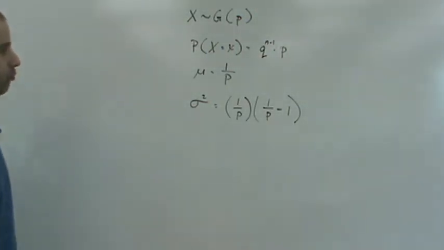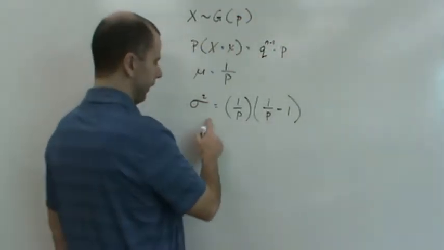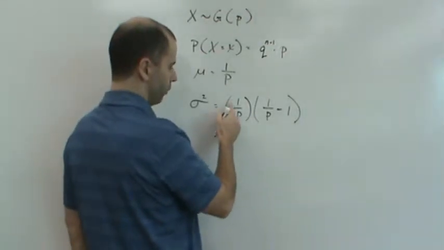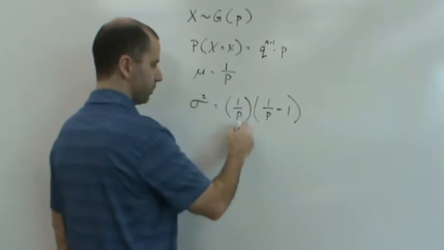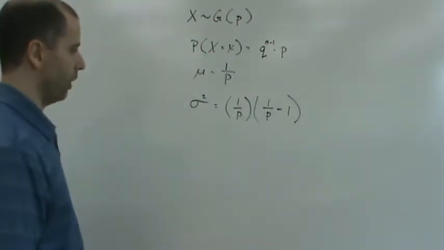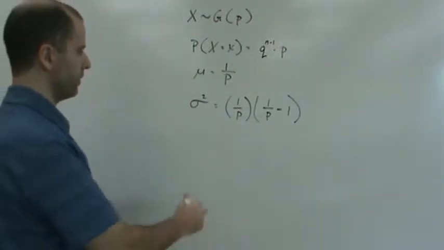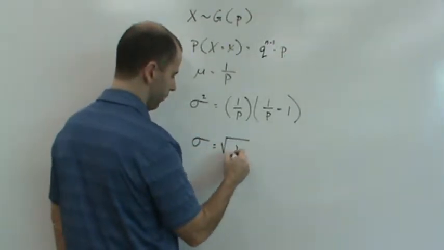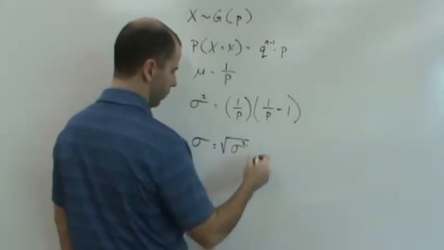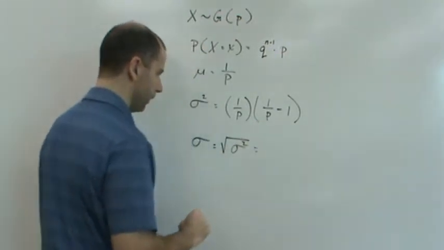So to get the variance, you're going to take 1 over p, and then you're going to take 1 over p minus 1 and multiply by that as well. So this is the variance. And of course, to get standard deviation, it's just the square root of the variance. So just take this and take the square root of it.